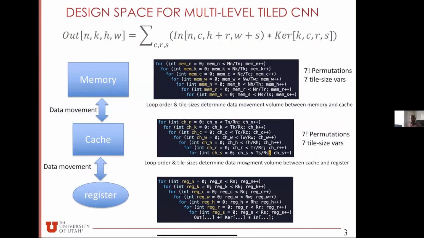So just to show two levels of tiling, we see the point loops at the bottom, and then we have two levels of tiling. Now in practice, efficient codes for CNN are not going to have 7 tiling loops at each level to come up with some 28 tiling loops.